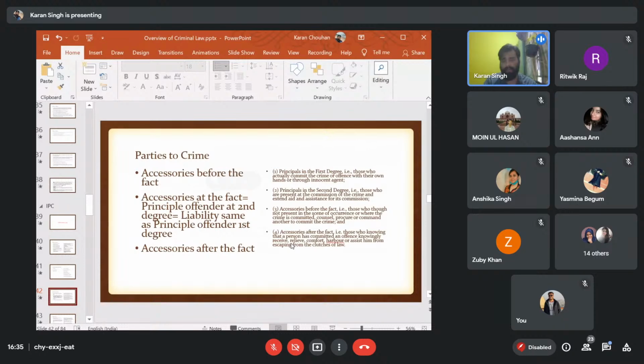The person that I have instigated goes on, maybe he is unsuccessful in committing the murder, maybe he did not even do it. So this Ramesh is not dead, he is still alive. Even in that case, I will be held liable for abatement.